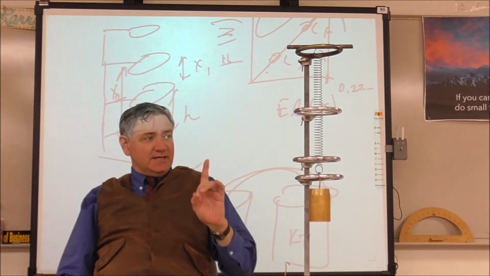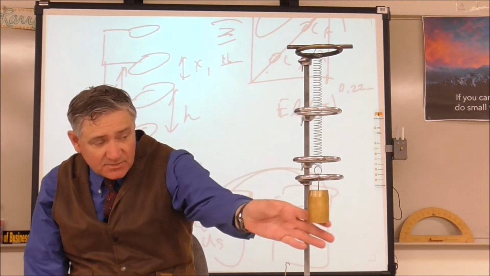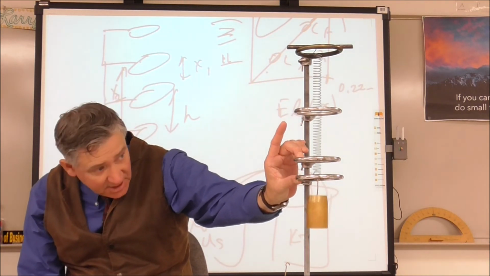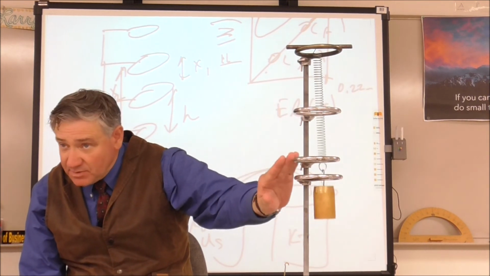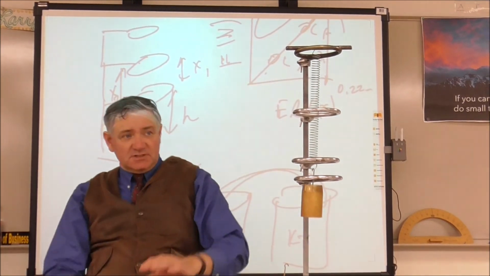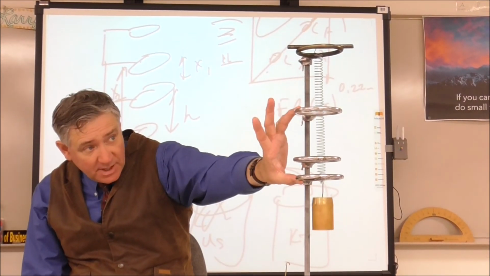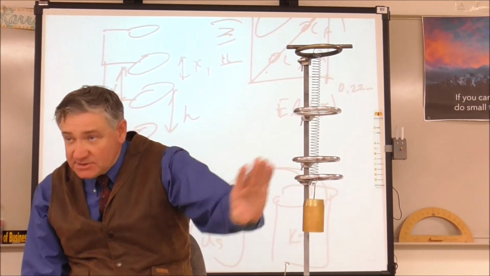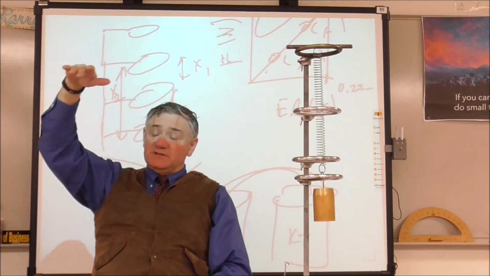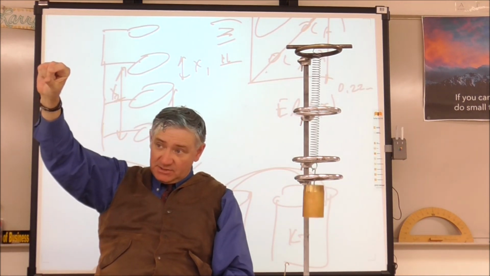Now, H is going to be the distance from this ring to this ring, because that's how much gravitational potential energy changes as it oscillates between these 2 points. So you're going to have 3 different measurements: X1, X2, and then H. The biggest one is going to be X2, the second biggest one is going to be X1, and the smallest value is going to be H, okay?